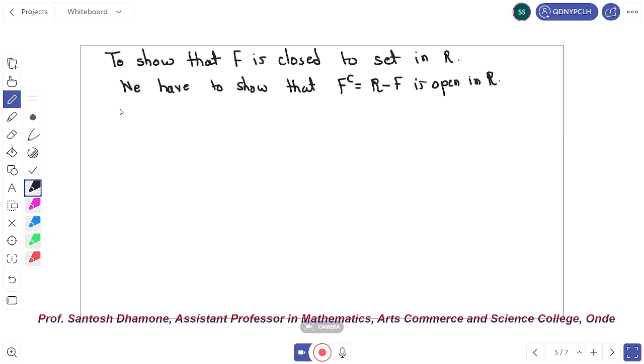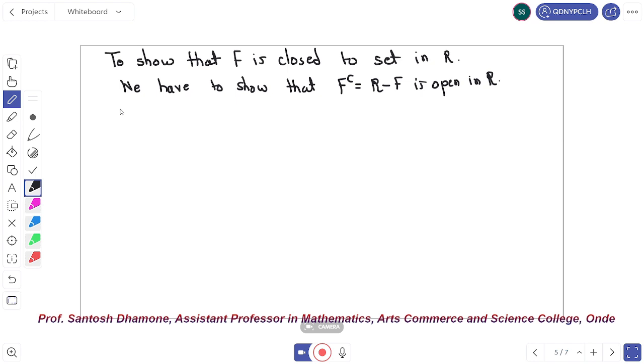For each p belonging to the open interval minus infinity to plus 1, take r equal to 1 minus p.